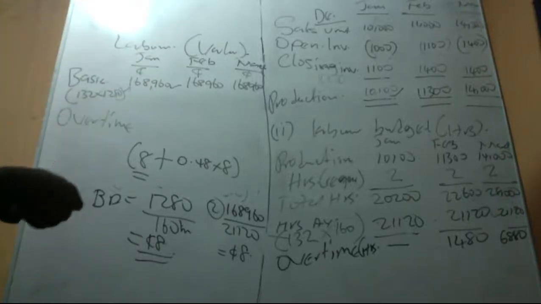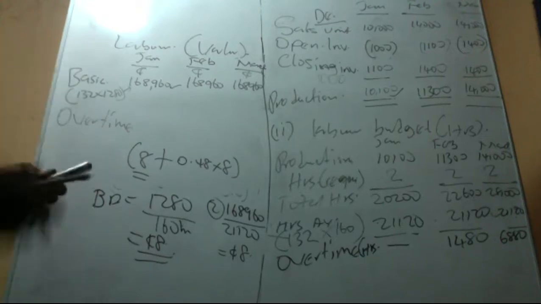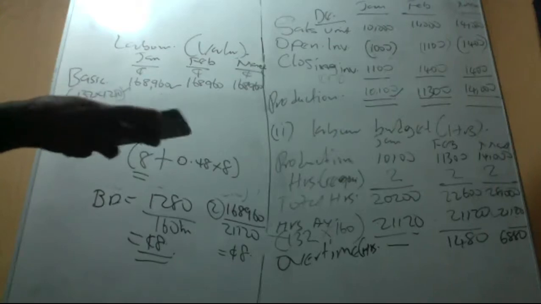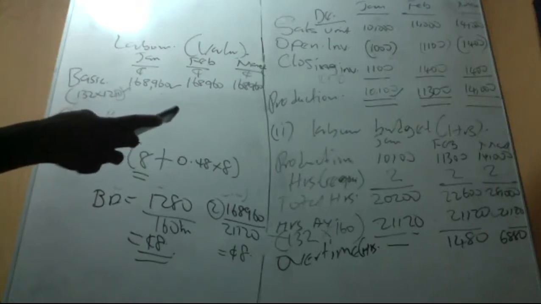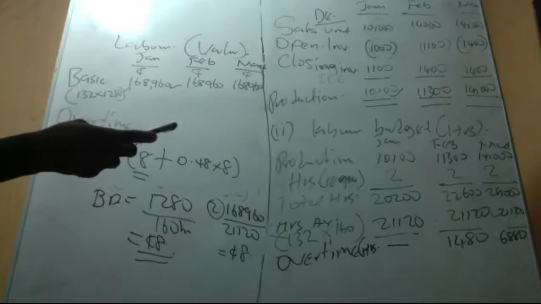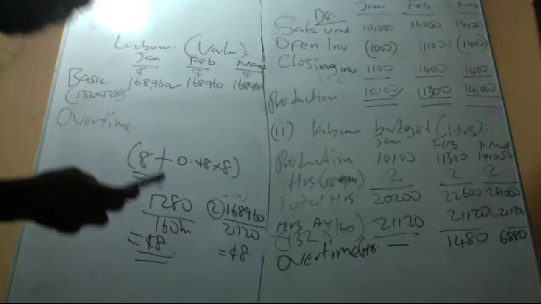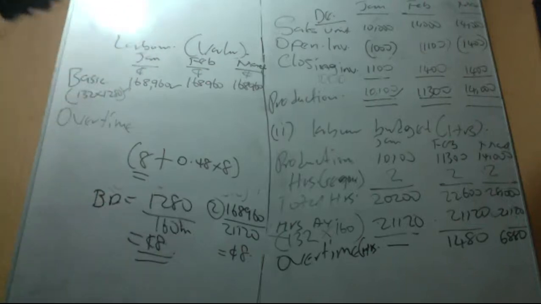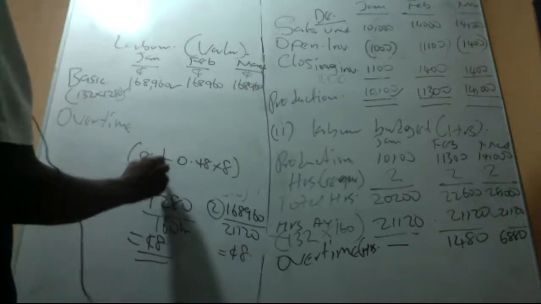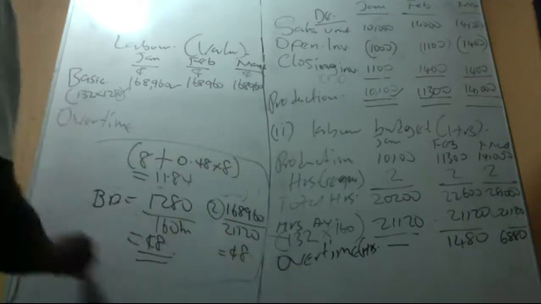So 0.48 times 8 will give us 3.84. Good. So 8 plus 3.84 is 11.84. So that's the overtime premium, 11.84.